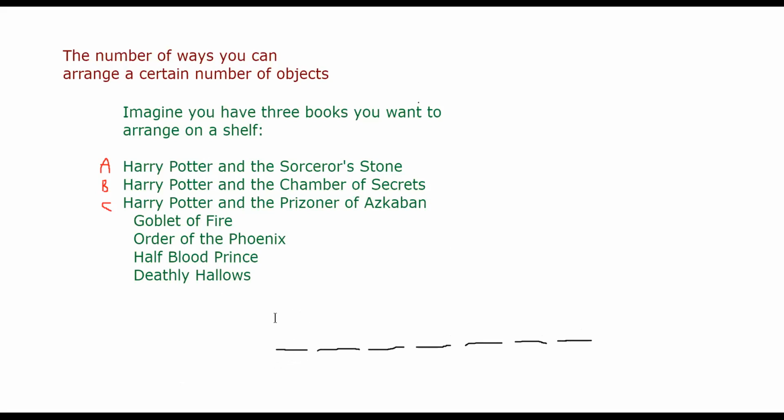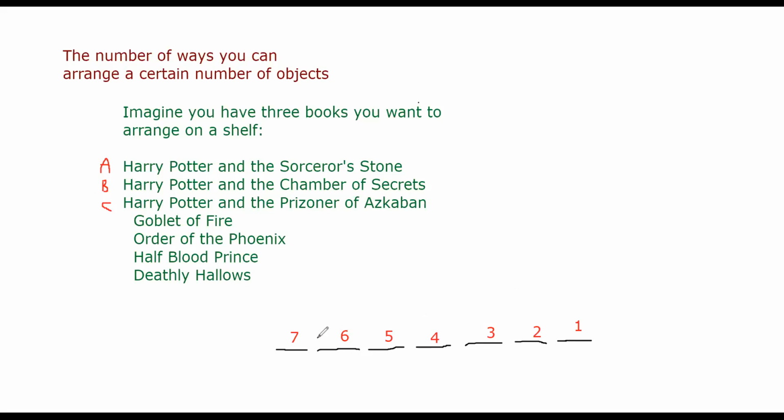One of these 7 books here. So you have 7 choices you can put in the first position. But then once you've picked one of those books, you only have 6 left that you can put into the next position. And then once you've picked 2 of those books, you only have 5 left that you can put in the next position. Then 4, 3, 2, and finally 1.